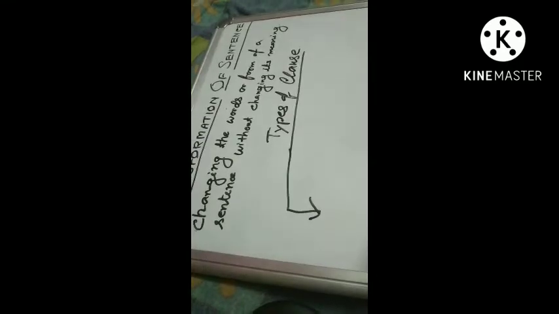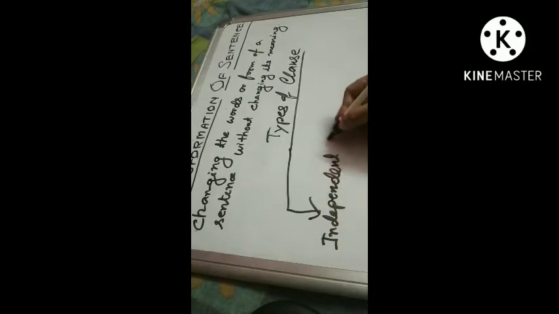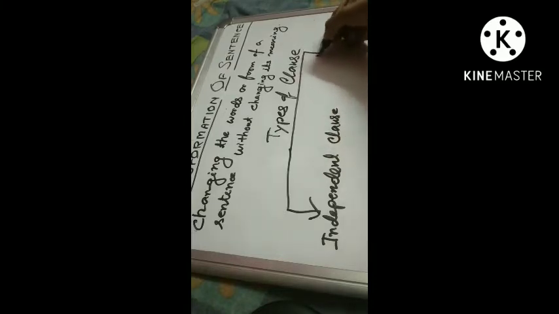The first one is independent clause, and the second type is dependent clause. Independent clause and dependent clause. Okay.